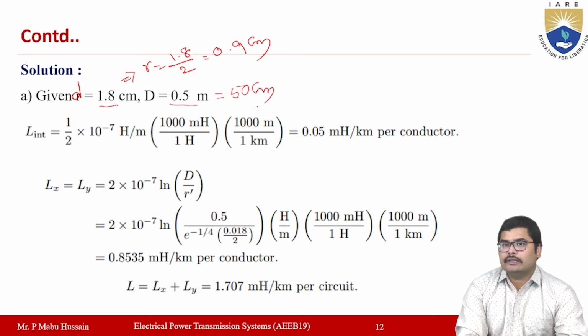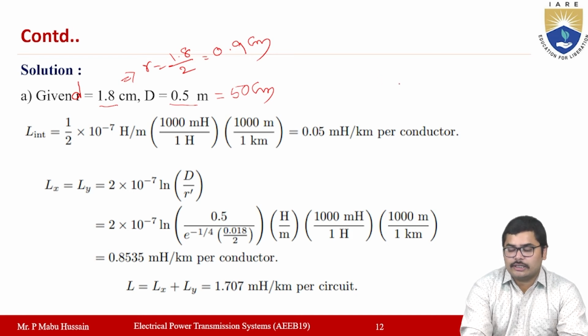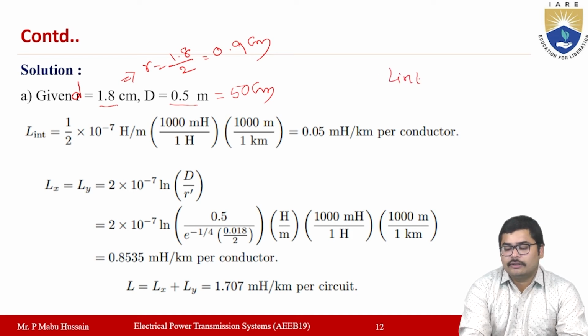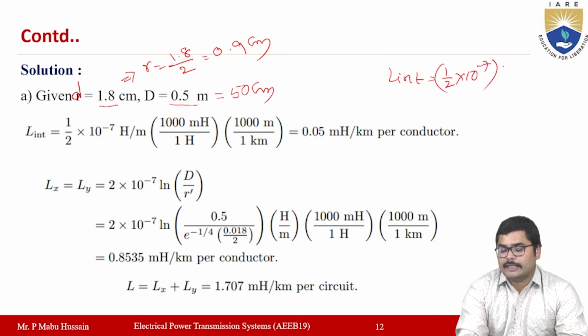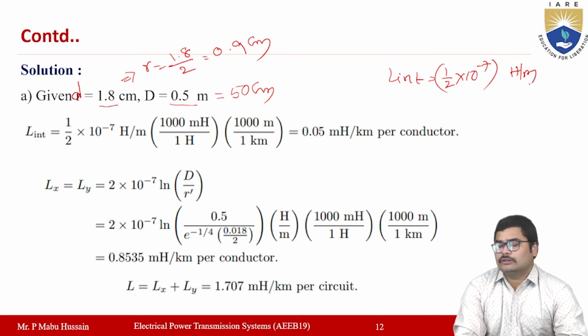Okay, so now you calculate the internal inductance. The internal inductance equation is L int equal to 1 by 2 into 10 power minus 7 henries per meter. So the equation will be the same, right?